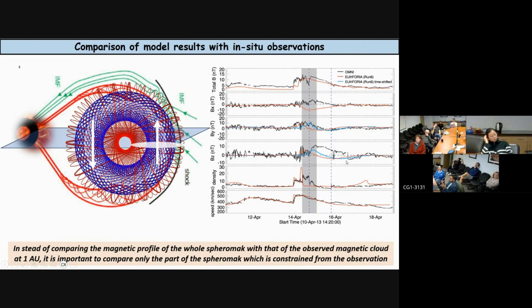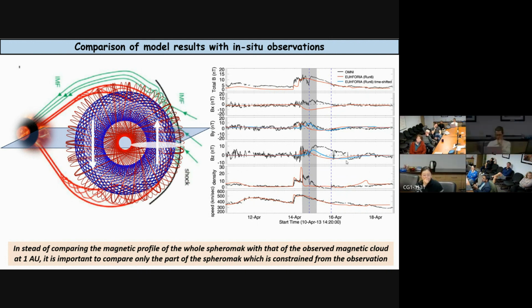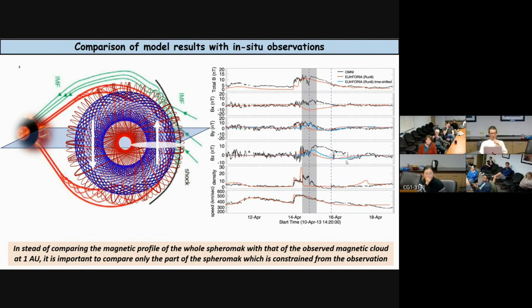That's how we can compare a spheromak structure in our model with the in situ observations. And we have also seen that due to this kind of detached structure, and when it undergoes a huge rotation, we also have a huge uncertainty in the Bz prediction.